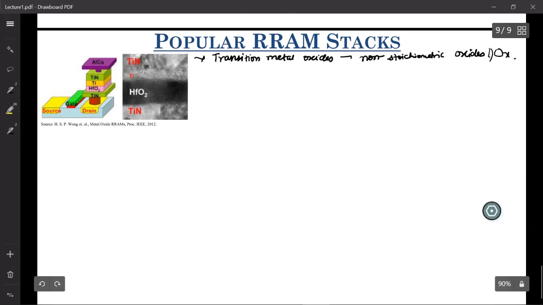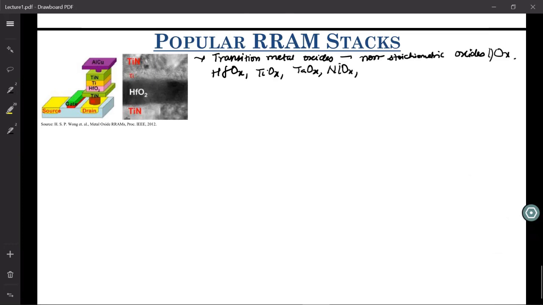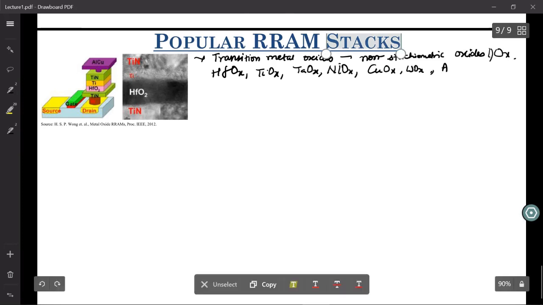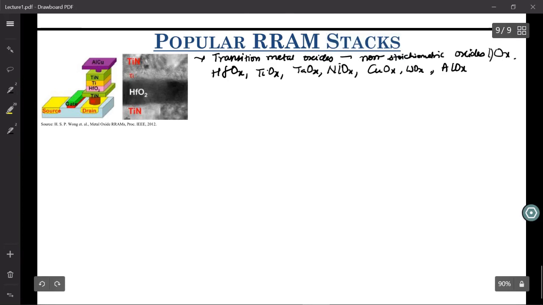The first part can be anything, but then we have OX. So we have HfOx, TiOx, tantalum oxide, nickel oxide, copper oxide, tungsten oxide, and aluminum oxide. These are some of the most widely studied transition metal oxides for RRAM devices.